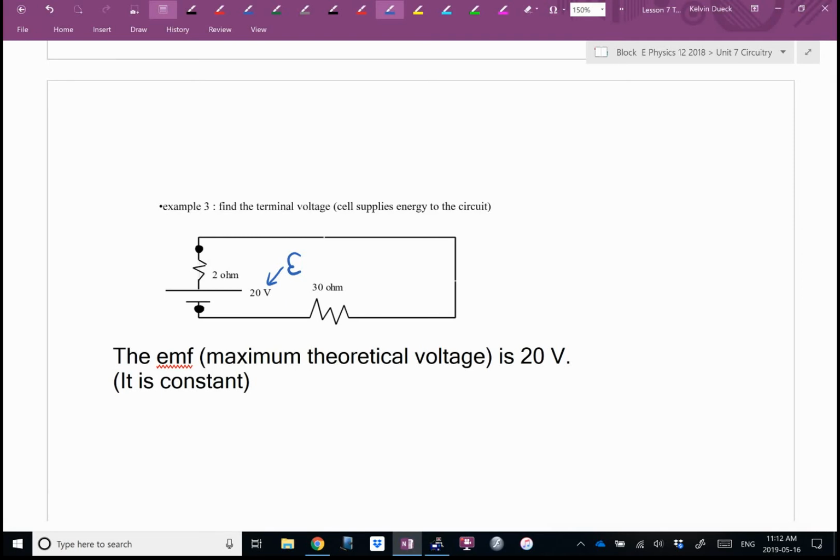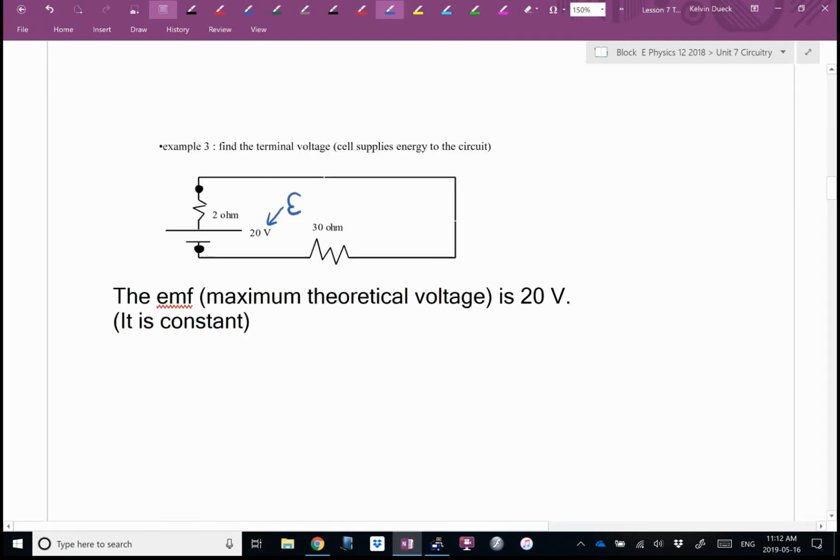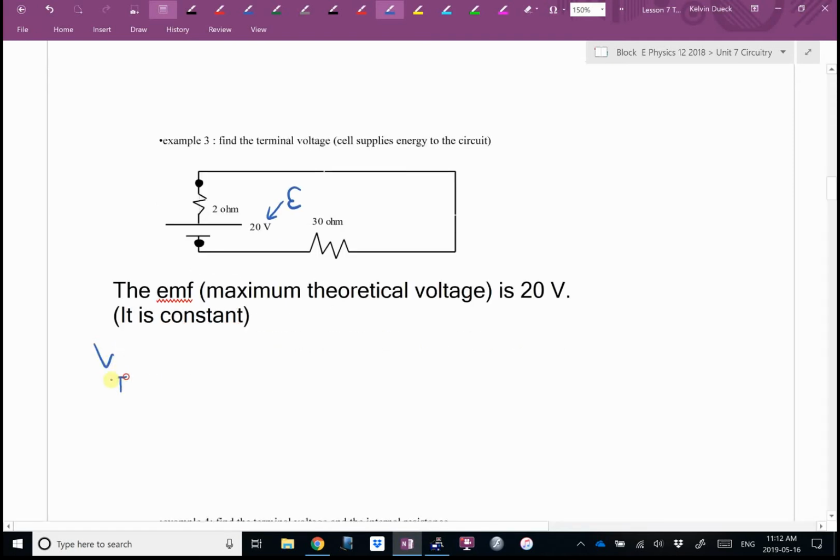It wants me to find the terminal voltage. Well, the terminal voltage is going to be the EMF minus what you lose going through the battery. Do I know the EMF? 20. Do I know little r? Do I know I total? Not yet.